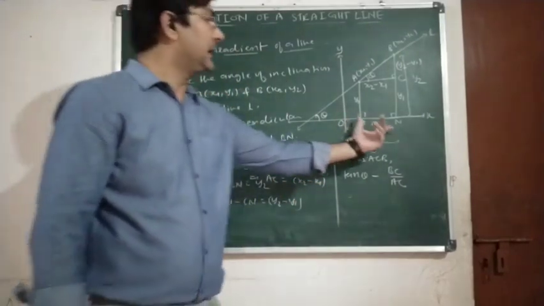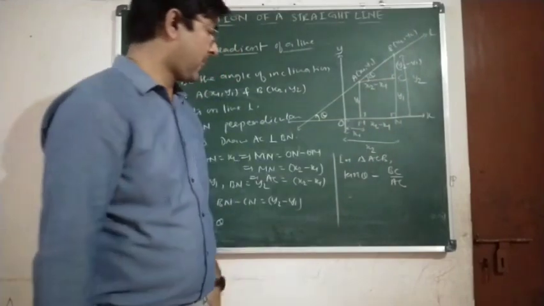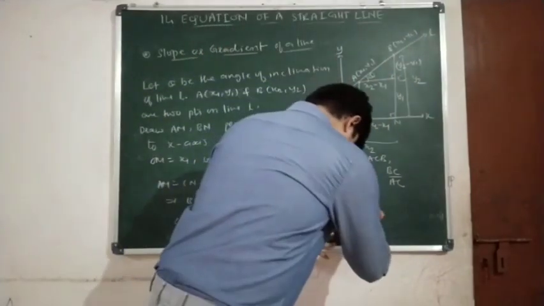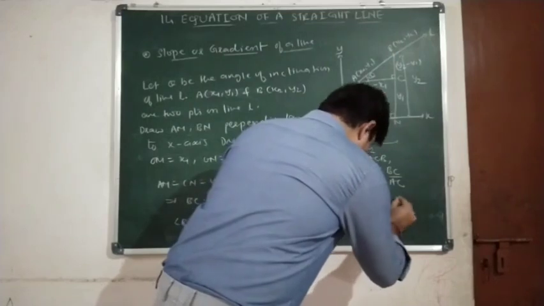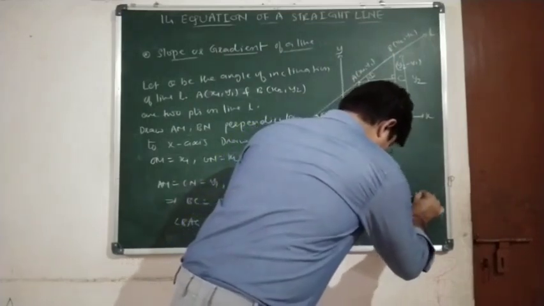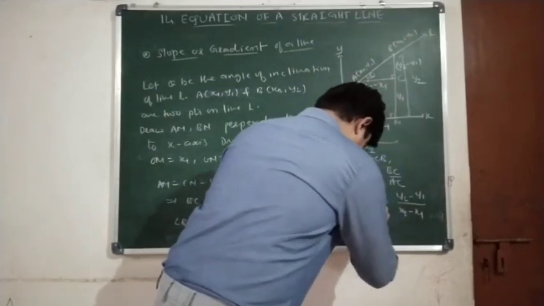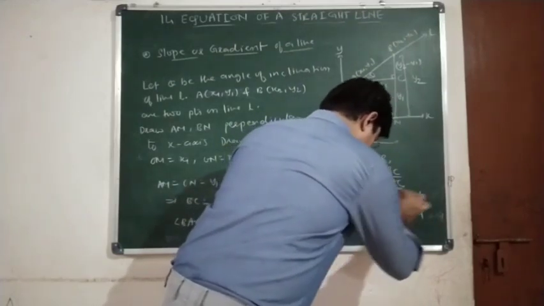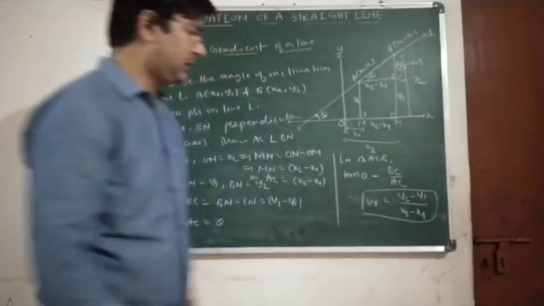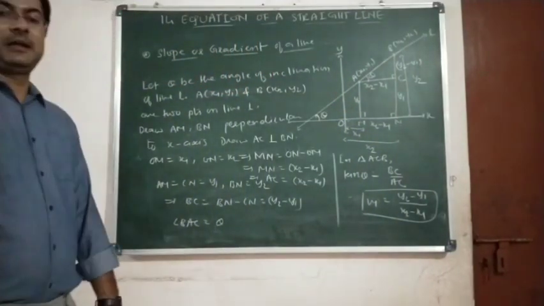Clear? Because MN and AC are equal only. So tan theta is equal to BC, which is y2 minus y1, upon AC, which is x2 minus x1, and we know that tan theta is denoted by m. Clear? So this is the formula to calculate the slope of a line.